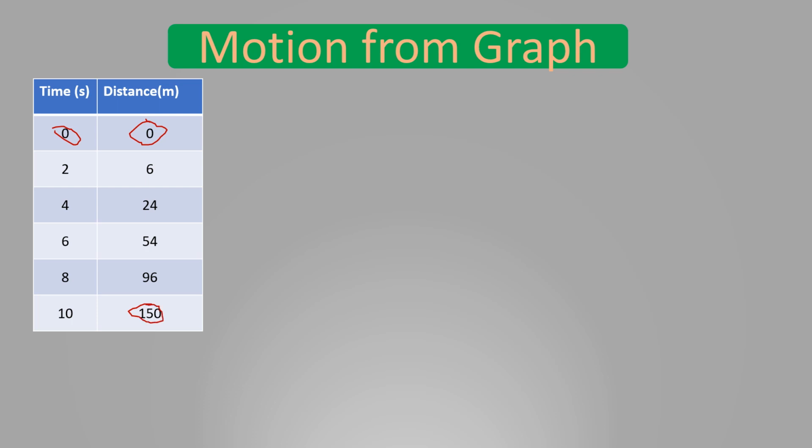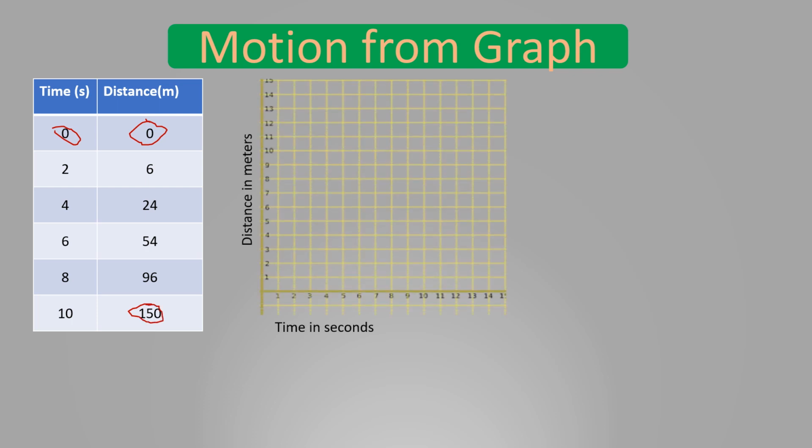Now we're going to sketch a graph using this data. We can plot a graph of time versus distance. The x-axis indicates the time, and the y-axis indicates distance in meters. At 0 seconds, the distance of the car is 0, so here is the first point.